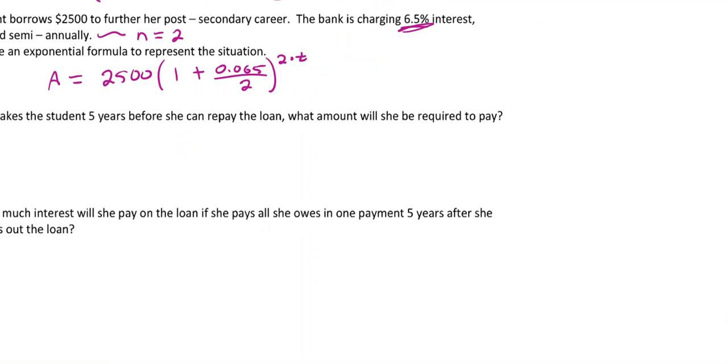Okay, and we could simplify that. Let's write that as A is equal to 2,500 times 1.0325 to the power of 2 times t. Just simplifying all that middle stuff.